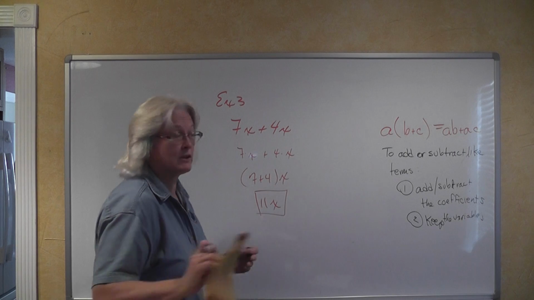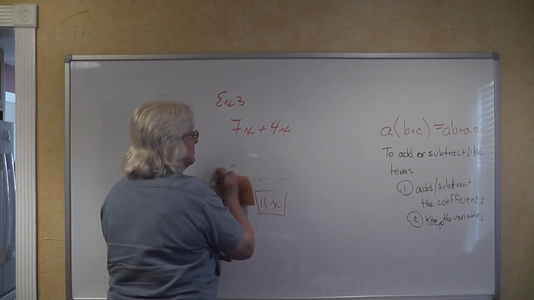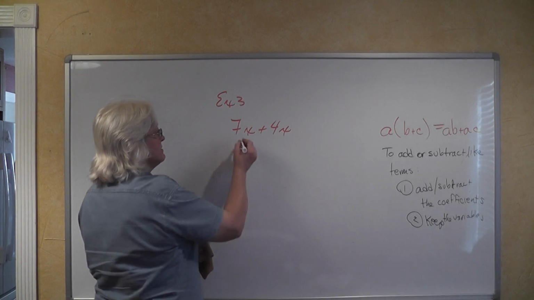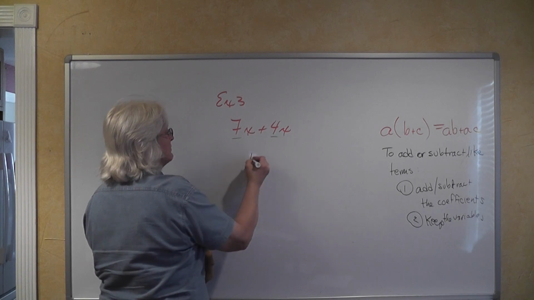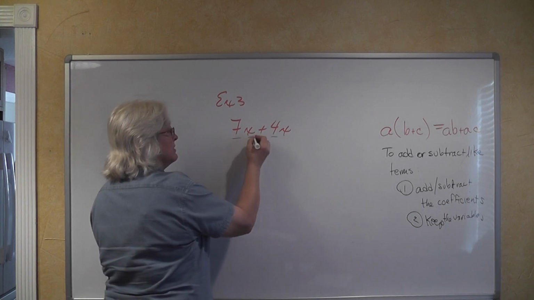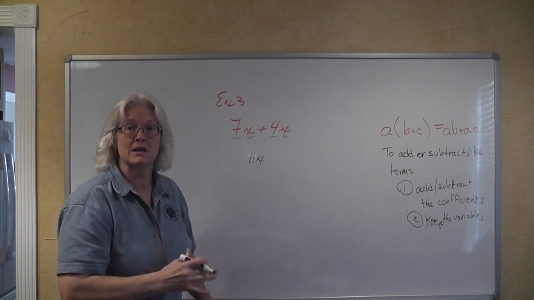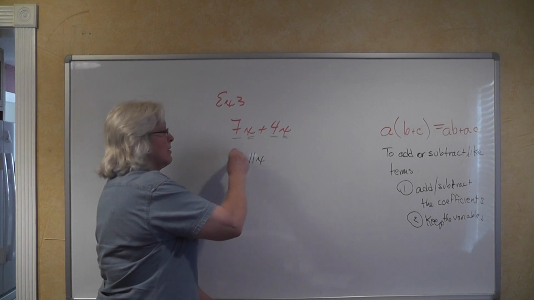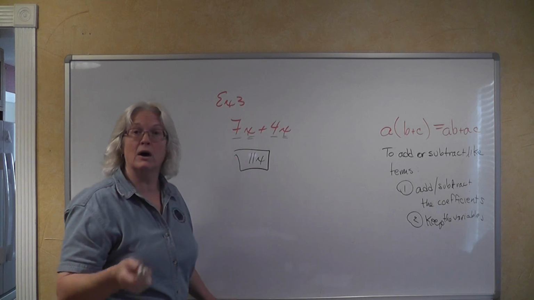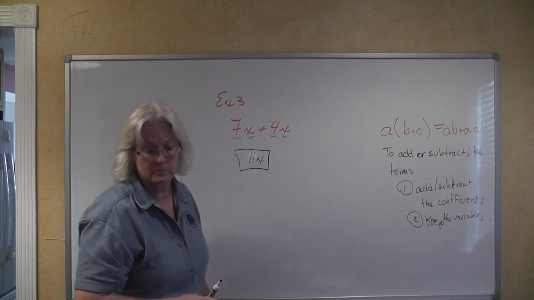We know that they're like terms because they have the same variable. So we add the coefficients, 7 plus 4 is 11, and we use the variable. 7x plus 4x is 11x. This is all you have to do to understand what's going on.